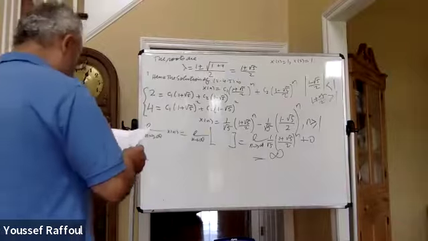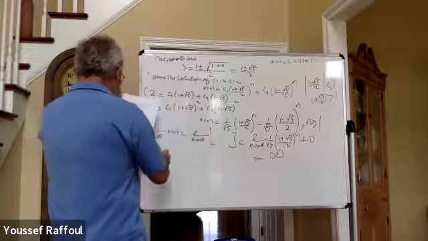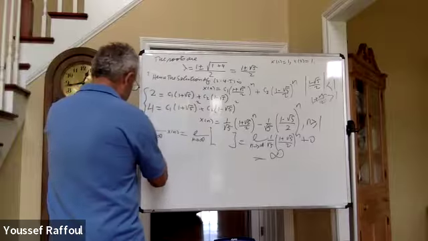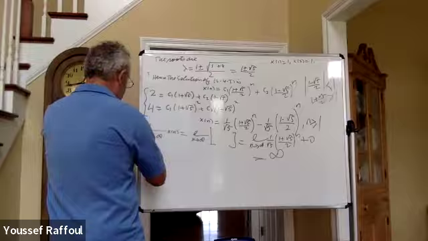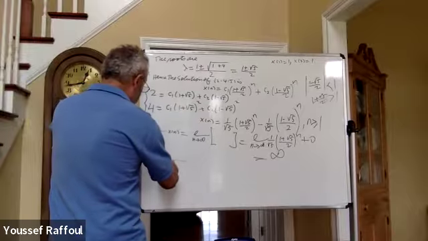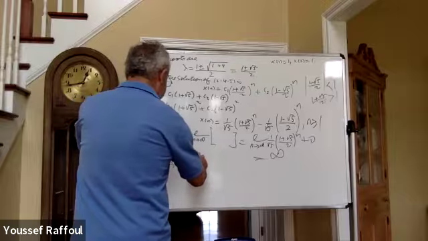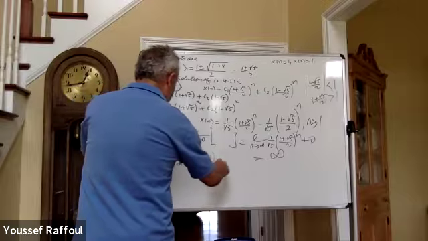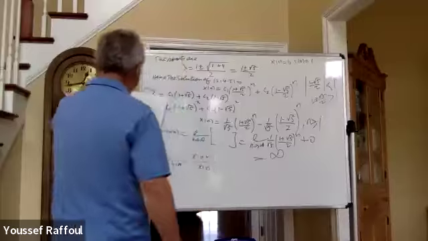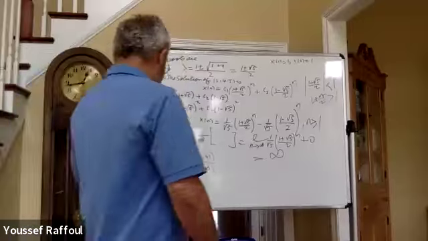And notice that this is the limit as n goes to infinity of x_{n+1} over x_n, okay?